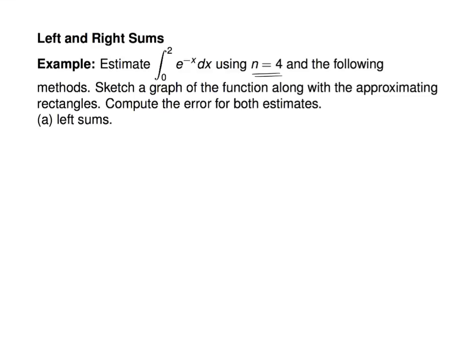Does it look like this, or does it look like this? First one. That negative inside of the exponent reflects the e to the x graph over the y-axis, right? And what is the one point that it goes through?